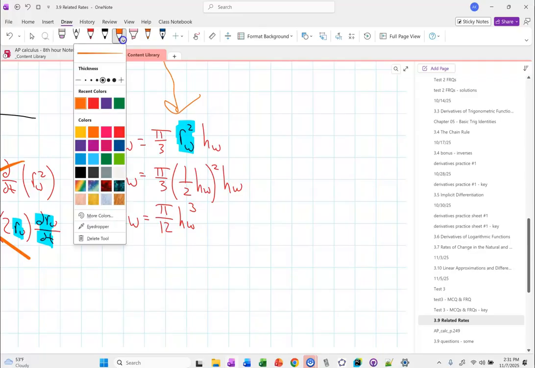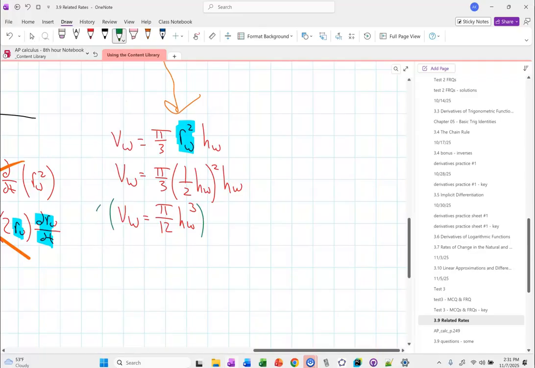Now we'll do our derivative of both sides, and everything is going to go just swimmingly.